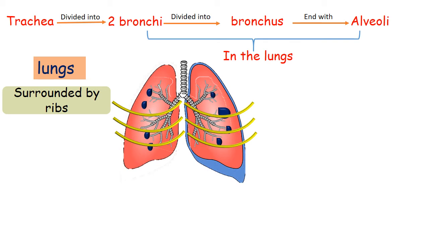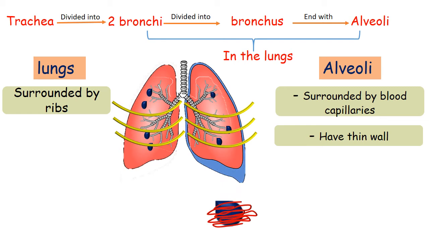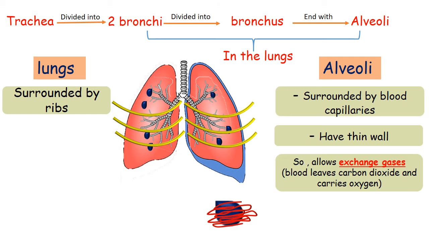Lungs are surrounded by ribs. Alveoli are surrounded by blood capillaries and have a thin wall, so it allows exchange of gases. Blood leaves carbon dioxide and gets oxygen.